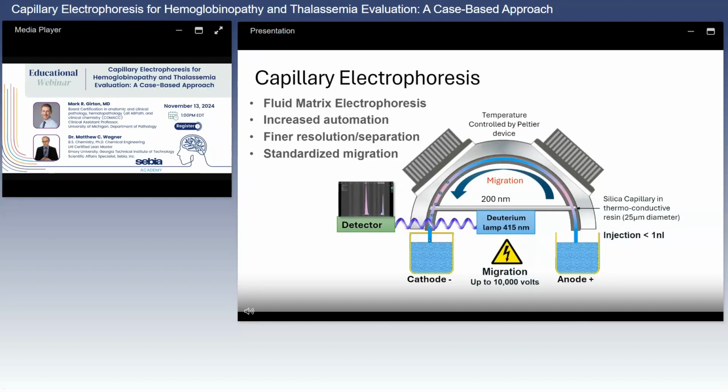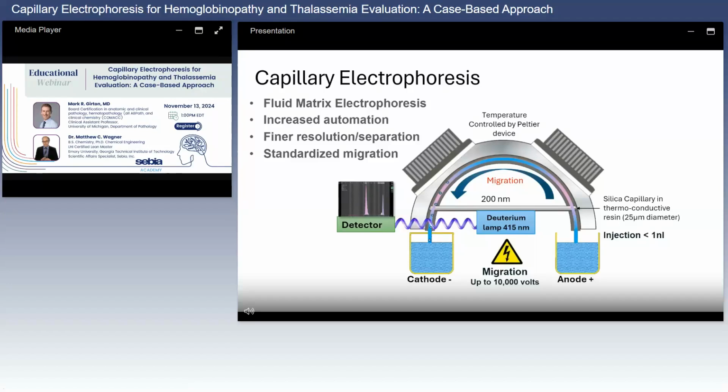At the far end of the capillary, these proteins pass through a detector tuned to 415 nanometers, such that we're only going to see the hemoglobin proteins passing through the detector. As these proteins have separated out in the capillary, we then see them pass through the detector in sequence.